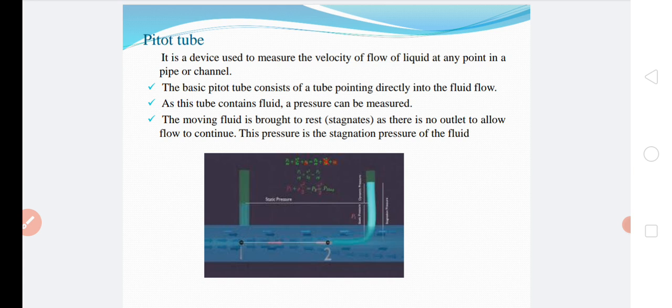A pitot tube is actually a long bent tube which is used to measure the velocity of flow of liquid at any point in a pipe or channel. The basic pitot tube consists of a tube pointing directly into the fluid flow.